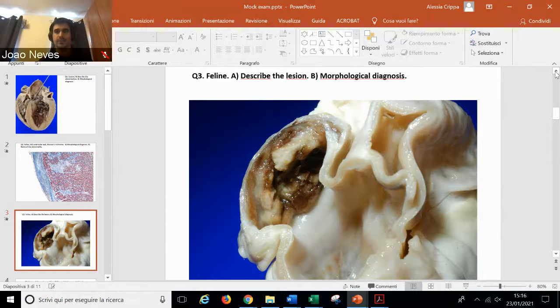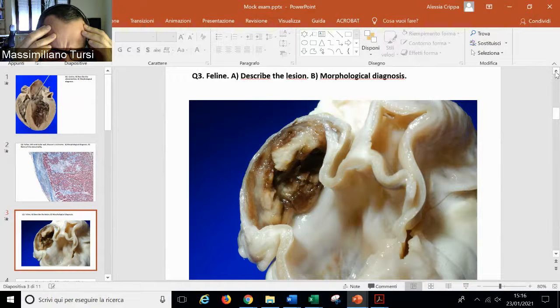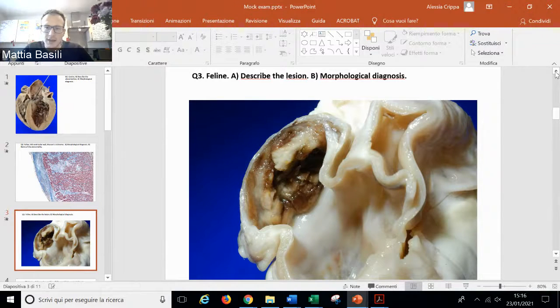Mattia, what about you? Can you hear me? Yes. I put some differentials, for example neoplastic. I put thrombus first, but I would lie if I said it looked like a classic thrombus to me. As Maria was saying, I thought the wall did look a bit weird.